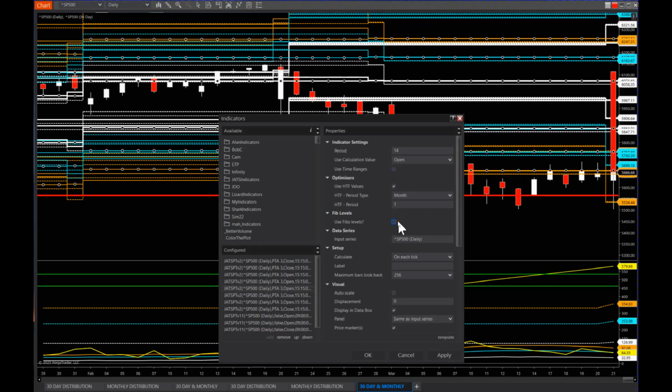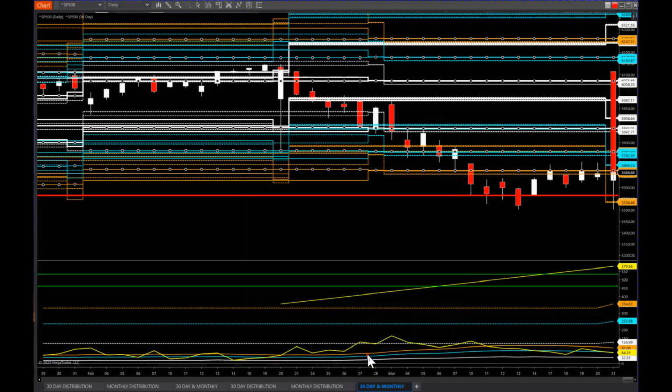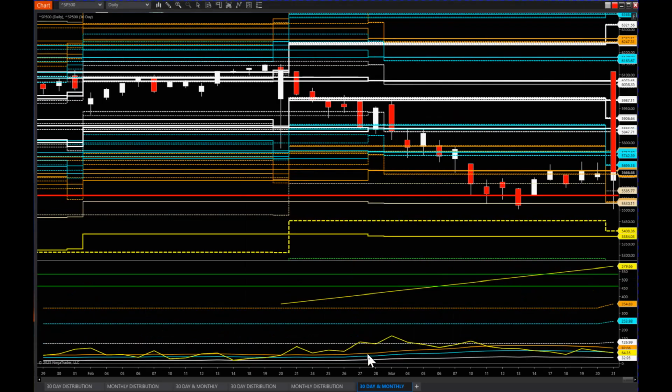We use the same fibs. 0.25 is 1.25 times the range, and 0.5 is 1.5 times the range, measuring from mean to 3. And so you can see here we came down to the 1.25.